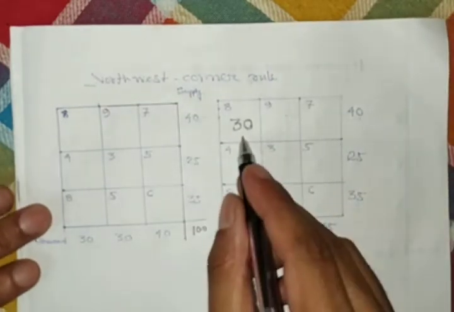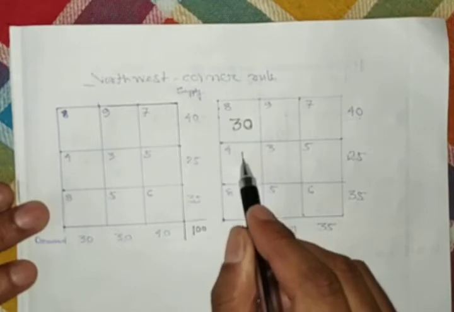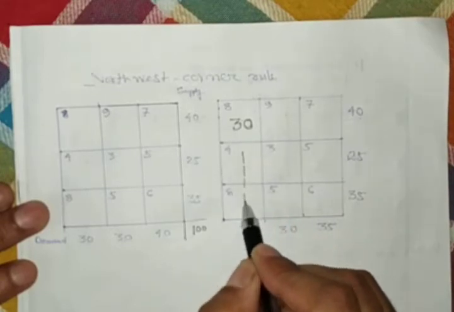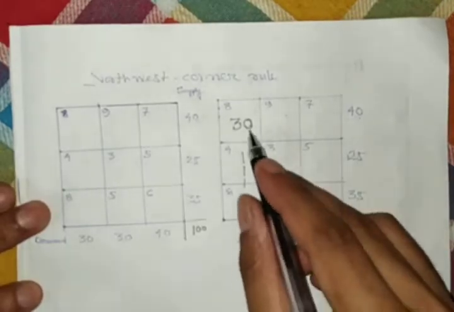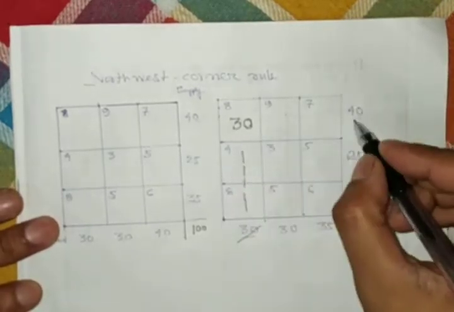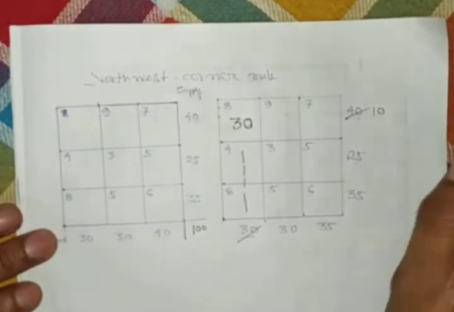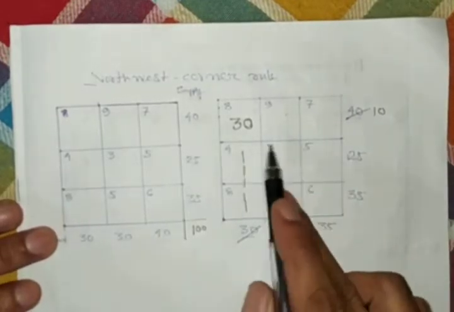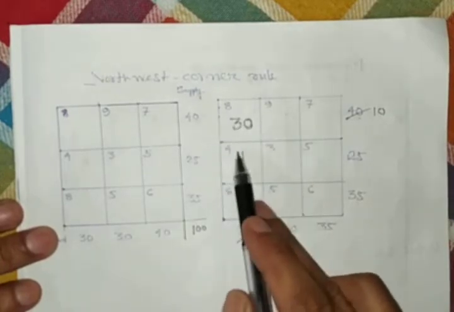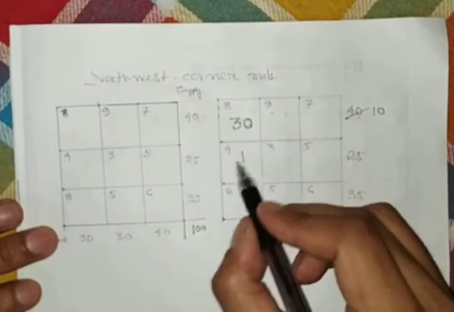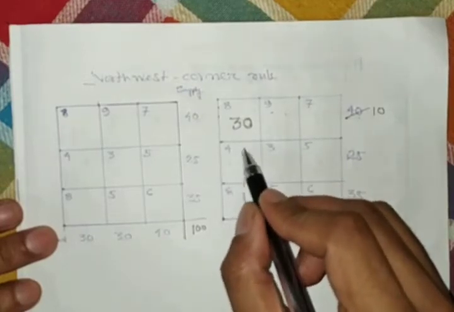If I put 30 here, the demand will be exhausted, so I put a dotted line here. In the supply we still have 10, so let's put 10 here. After putting 30 in the northwest corner, the next northwest corner is the 9, because you cannot put anything in the exhausted column.